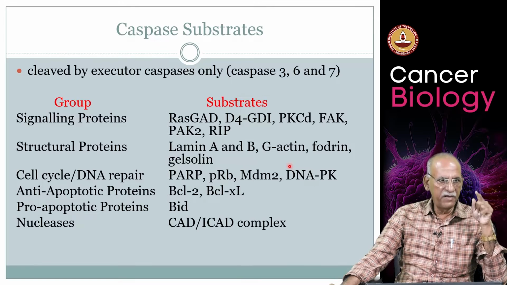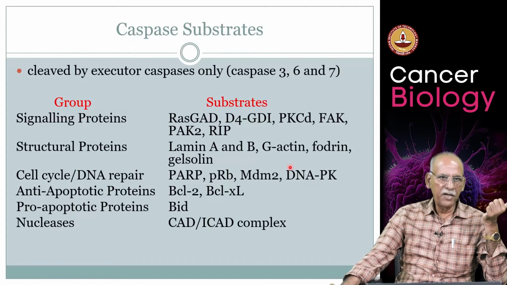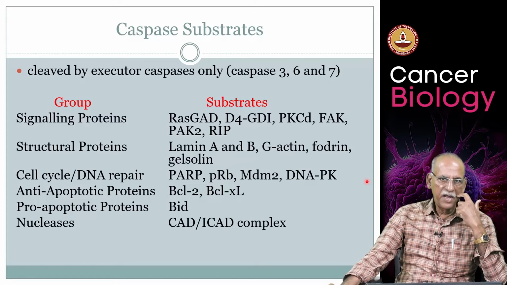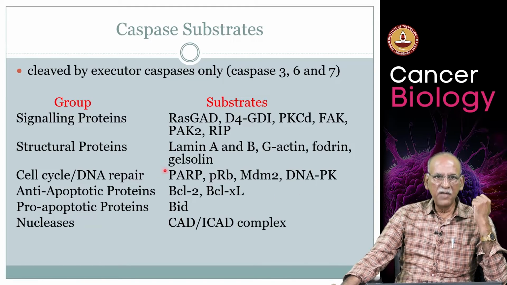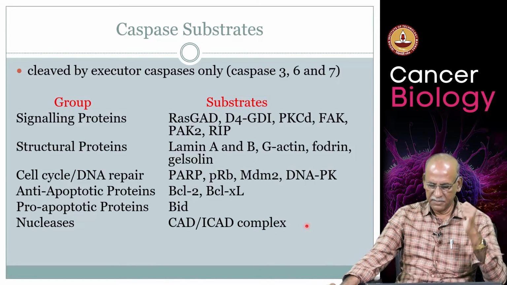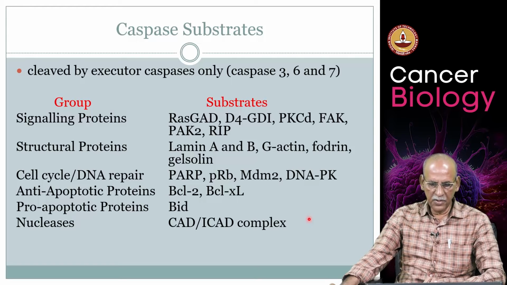So, cleaving that will help to make it apoptotic. So, DNA protein kinase, some of the anti-apoptotic proteins also, like BCL2, BCLXL and so on. Strangely, some pro-apoptotic proteins also can be substrates like BID, and then the nucleases I told you just now, caspase activated DNases and inhibitor of caspase activated DNases.